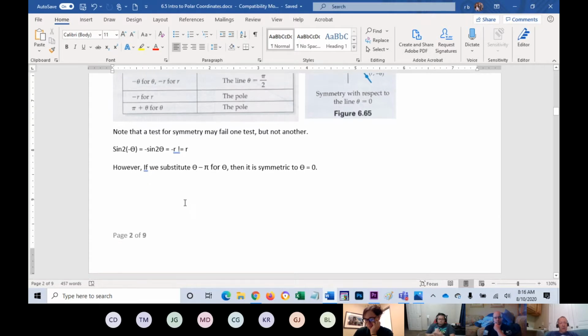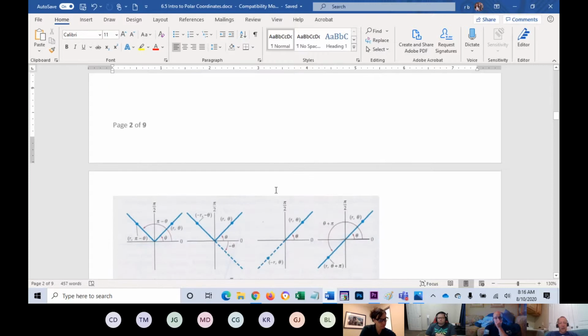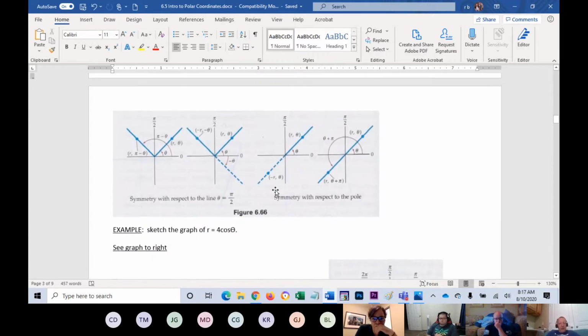However, if we substitute theta minus pi for theta, then in this case that would be symmetric to the theta equals 0 line. So some examples here. This would be an example of (r, theta) and (r, theta minus pi).